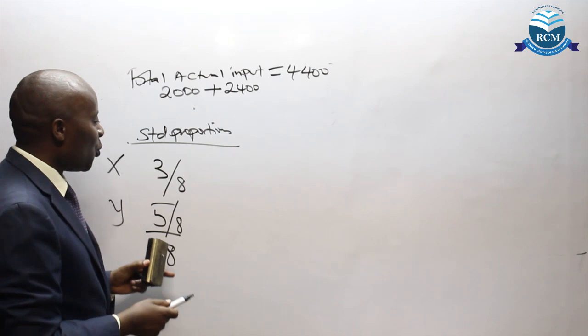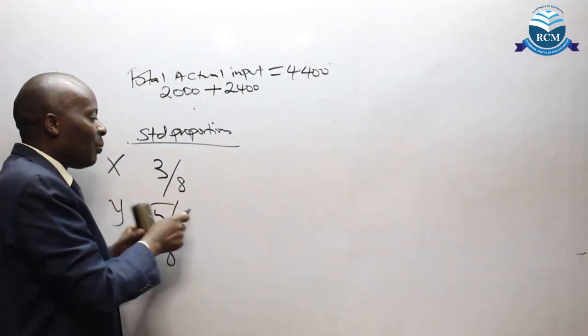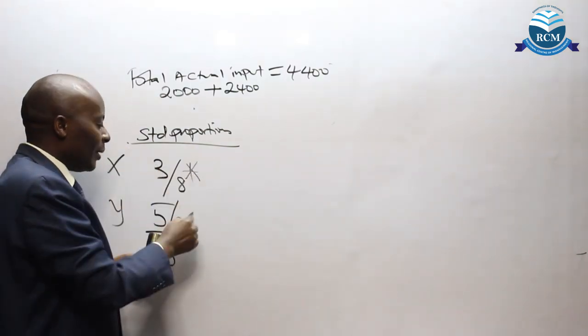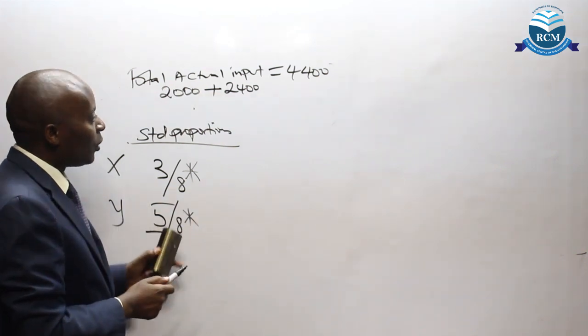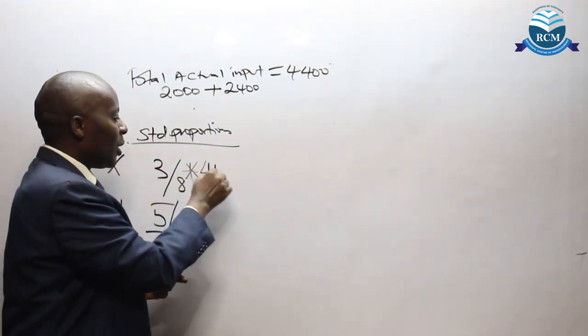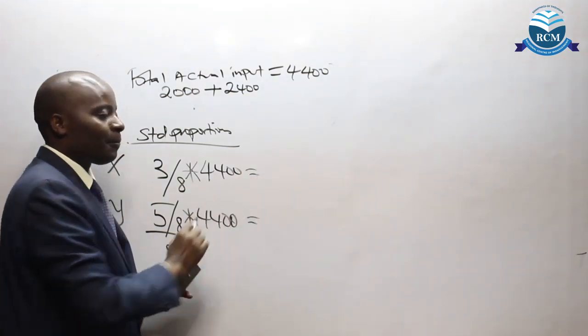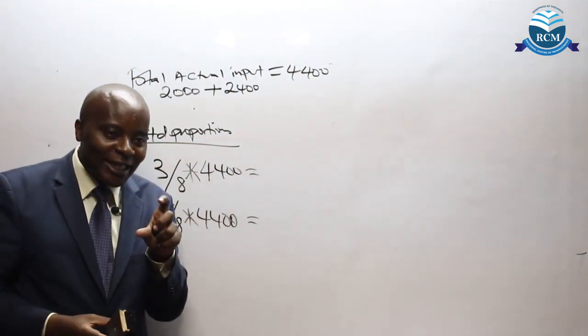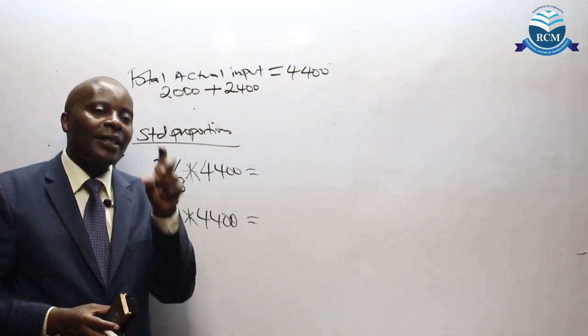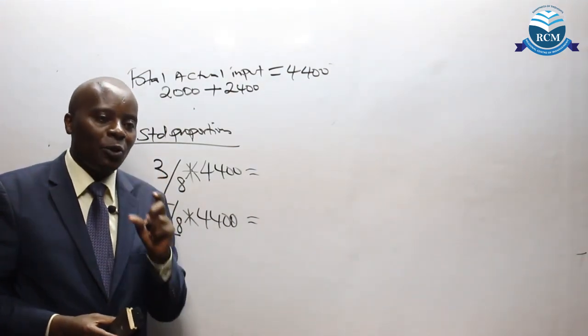So what we shall do now is take the standard proportions and multiply them with the total actual input, which is 4,400.